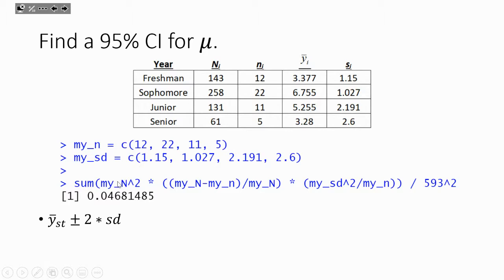So that's our variance. So then our confidence interval will be our y bar sub st that we found on the previous slide, 5.25, plus or minus 2 times the square root of the variance. Are there questions about this?